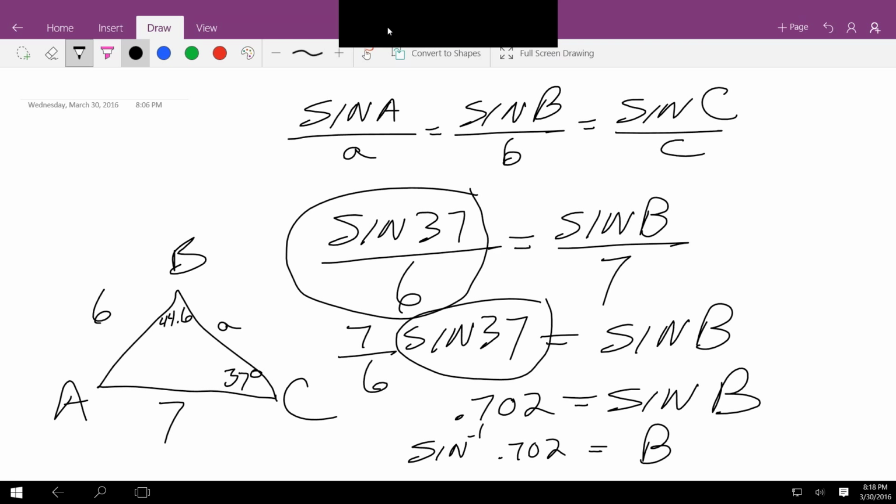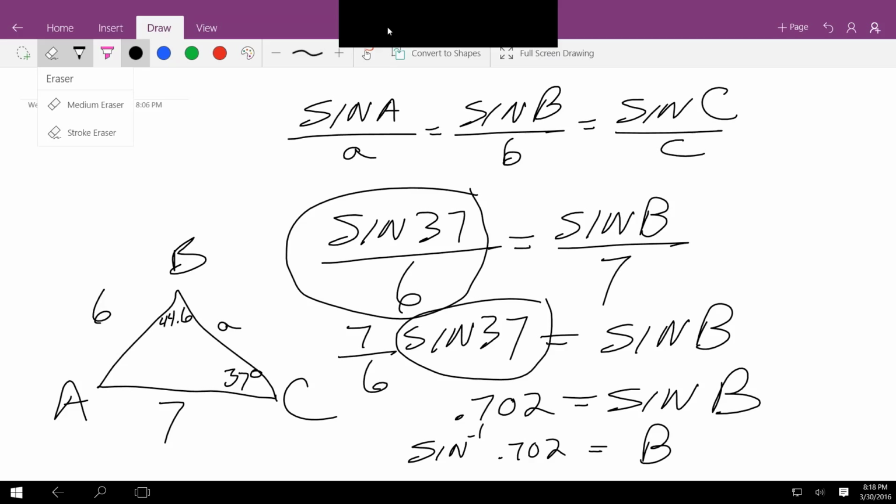Now, you almost always at this point don't have to use the law of sines, because notice at this point I don't know angle capital A and I don't know side A. But how can I figure angle A?